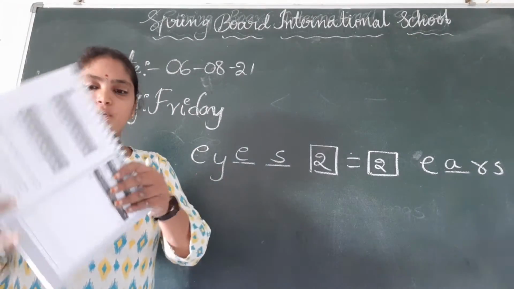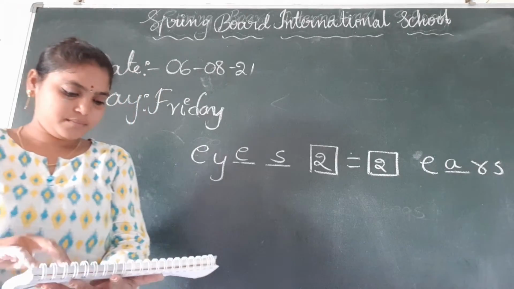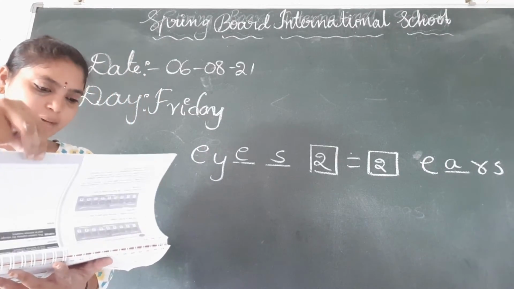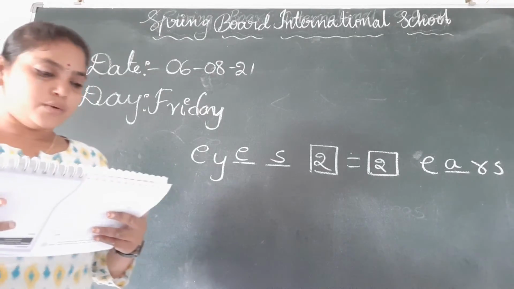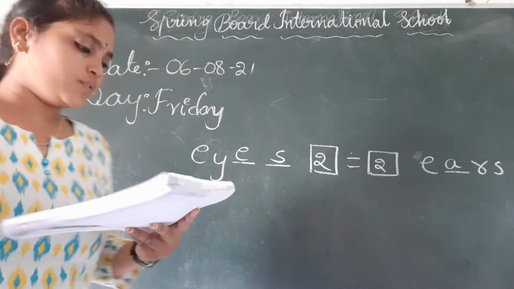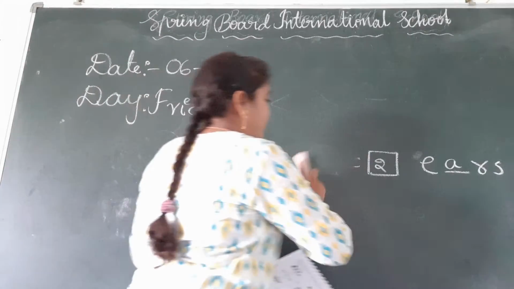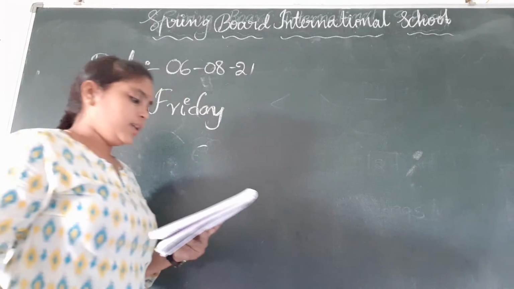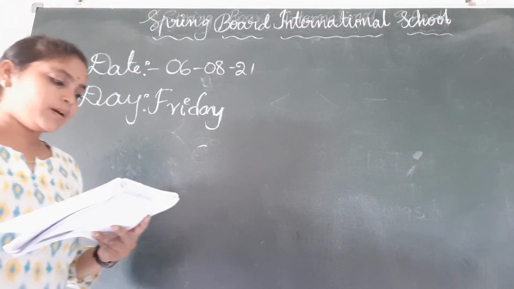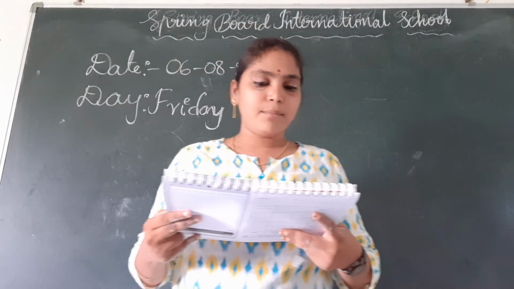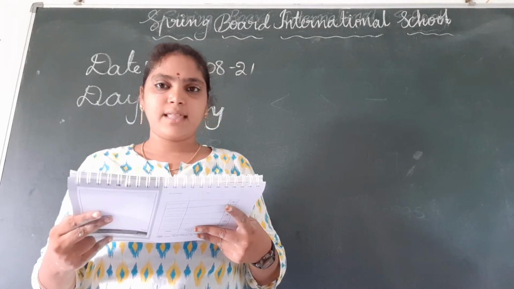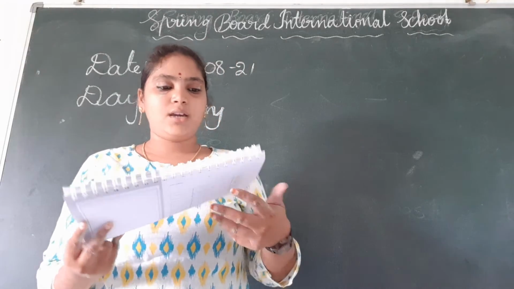Now open companion, children. Yes, everyone open companion, page number 24. Count the number of objects in each group. Write the numbers in the boxes given below. Fill in the box in the middle with less than, greater than or equal to.